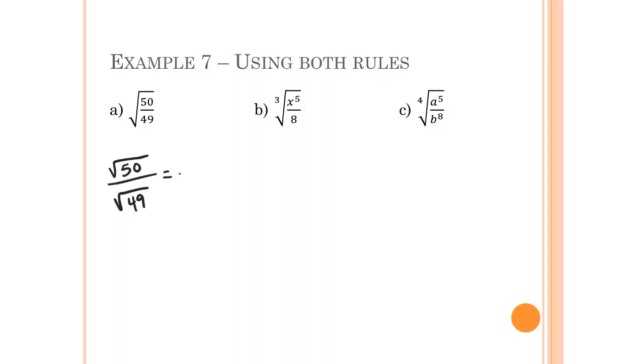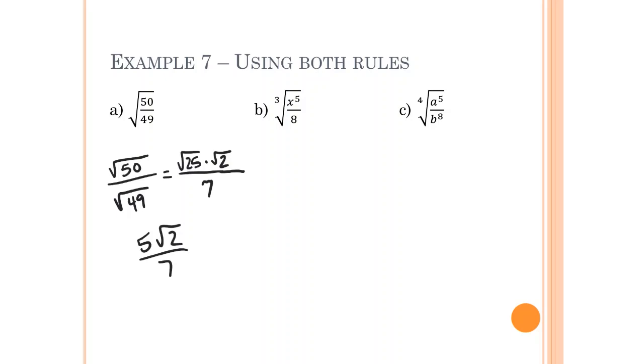The square root of 50 I can't do anything with yet, but I can break it apart into the square root of 25 and the square root of 2, and I can do the square root of 25. So that'll give me 5 times the square root of 2 over 7. So again, we're just looking to try to simplify, make the numbers smaller, make these things look simpler.